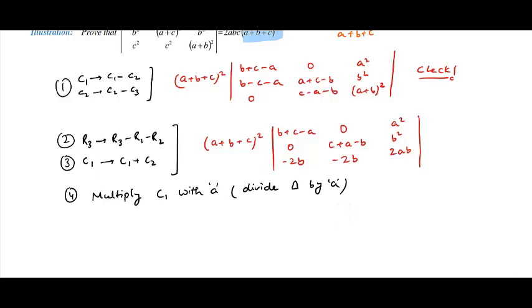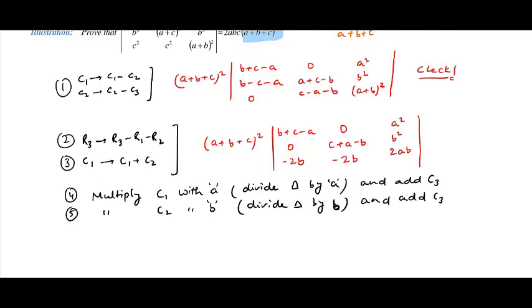So multiply C1 with A and add C3. Similarly, multiply C2 with B. Obviously you'll have to divide the determinant with B, and again add C3 here. So now you have to apply these two transformations.